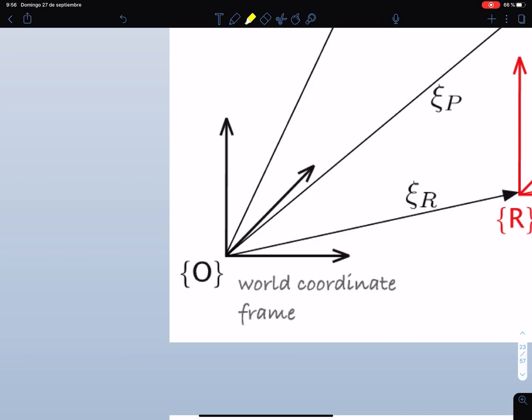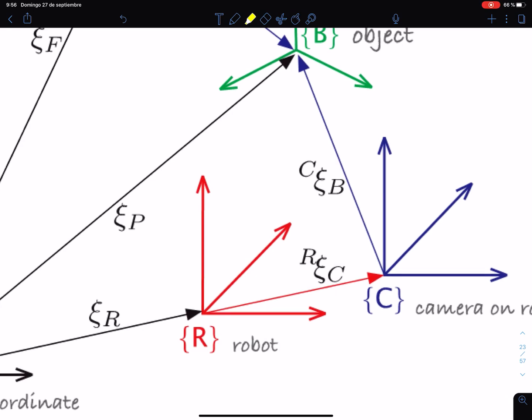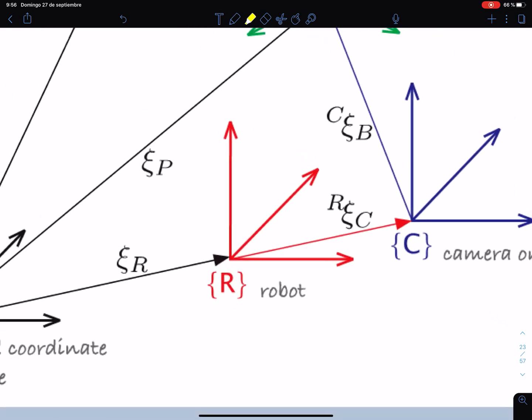Outside the robot is a fixed coordinate frame to which finally we will end up referring all coordinates. In the robot space, there's also a coordinate frame associated to the robot. Okay, that's logical. In general, we are talking about the base of the robot, the non-mobile part of the robot. Okay, this coordinate frame is represented by R.